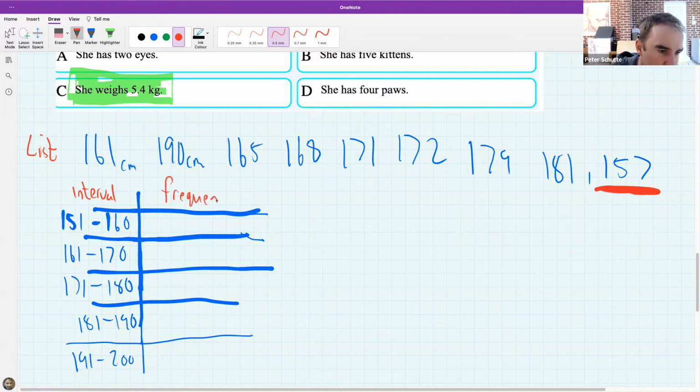The fancy word for that is frequency. So we talk about the frequency of that group. So how many items are there in that group? I want to know, in the very first interval, how many items are in the interval 151 to 160?